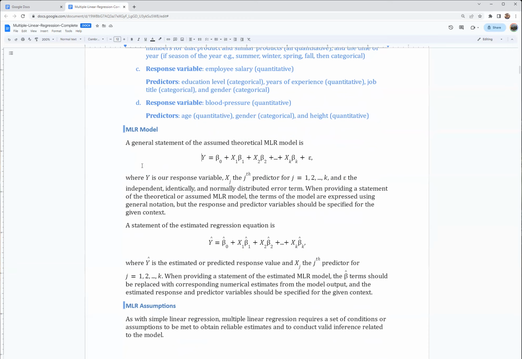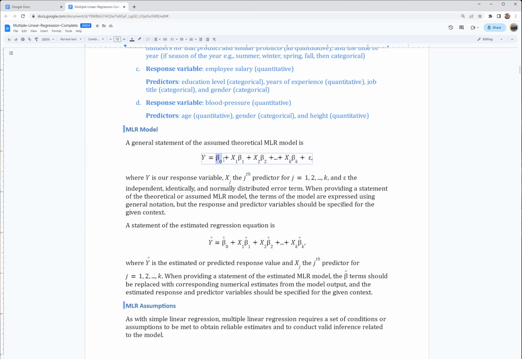So a formal theoretical statement of the multiple linear regression model, we write as this, where we have y, our response variable, is equal to a linear combination of our predictor variables.